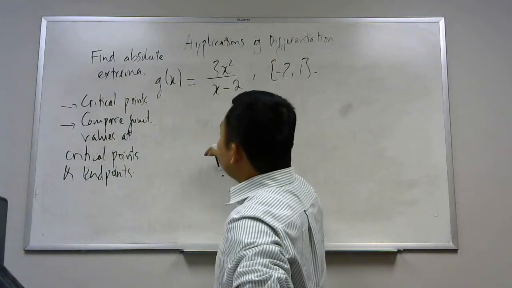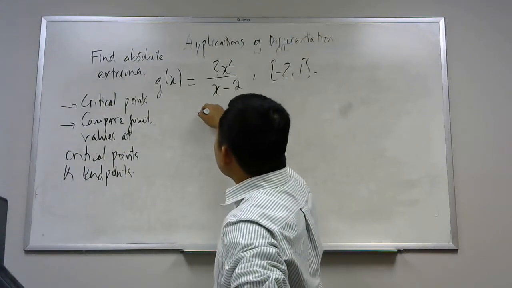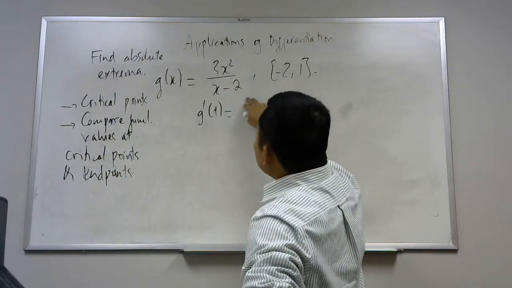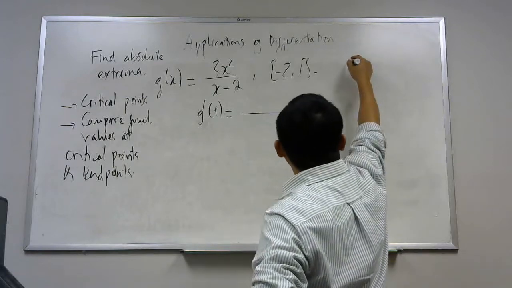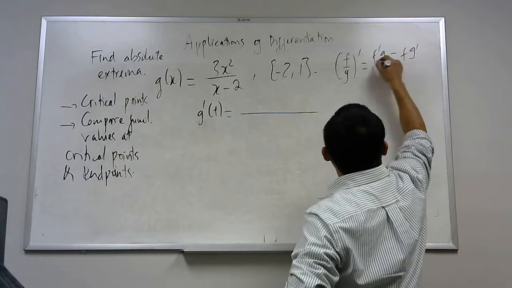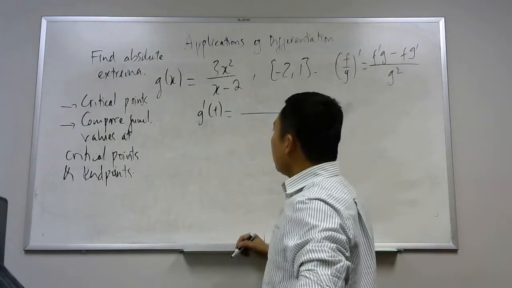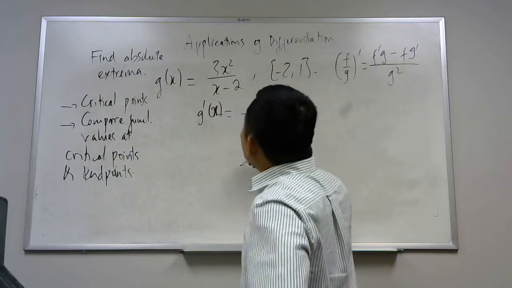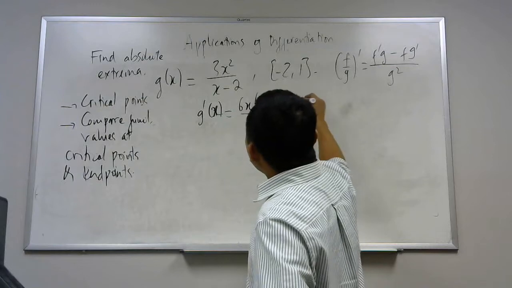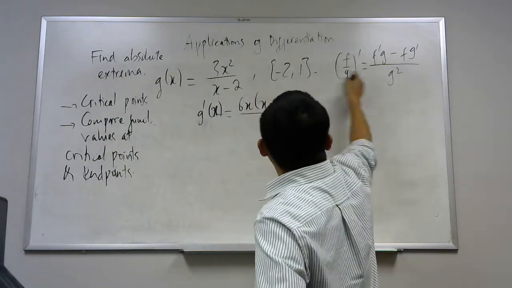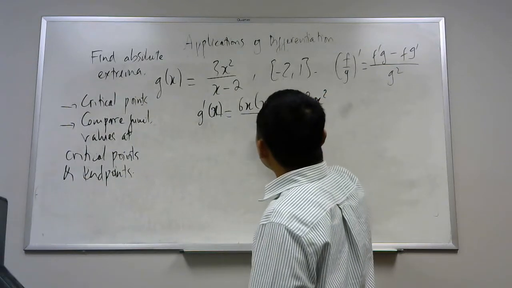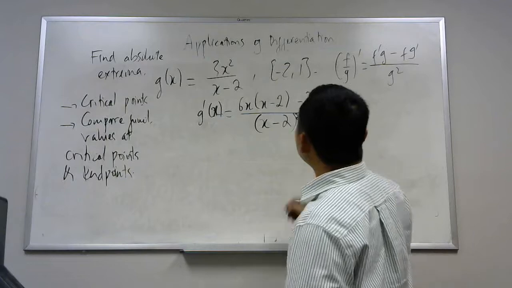First I need to take the derivative, because I need to find critical points. For g prime, I have to use the quotient rule. The quotient rule says (f over g) derivative equals f derivative times g minus f times g derivative, over g squared. So the derivative of the numerator is 6x, times x minus 2, minus the derivative of the denominator, which is 1, times 3x squared, over (x minus 2) squared.